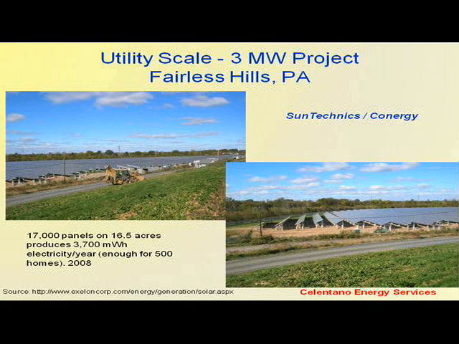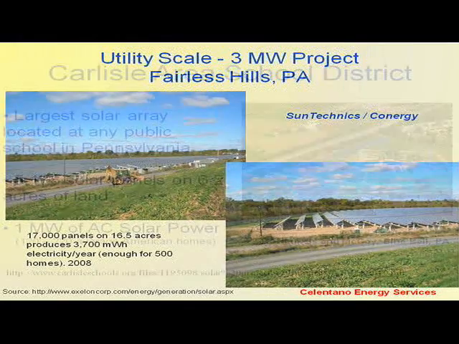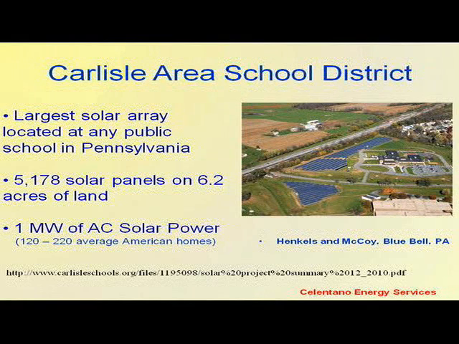But in other areas where there's, for instance, in Texas or in Nevada, a lot of land that's not being used for agriculture or for grazing, this might be a very good utilization of land. Here, the Carlisle Area School District, they have an array near one of their schools.